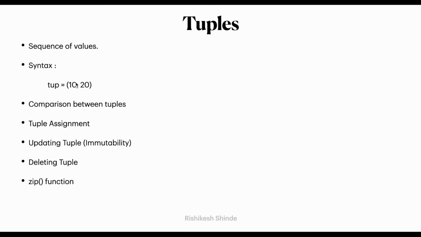So from the first tuple we take the first element, then from the second tuple we take the first element. So the element at the same index will be taken for the comparison, and if they are not equal, the result of the comparison will give us false, and if they are equal, then it will give us the true result. So we can see the example.